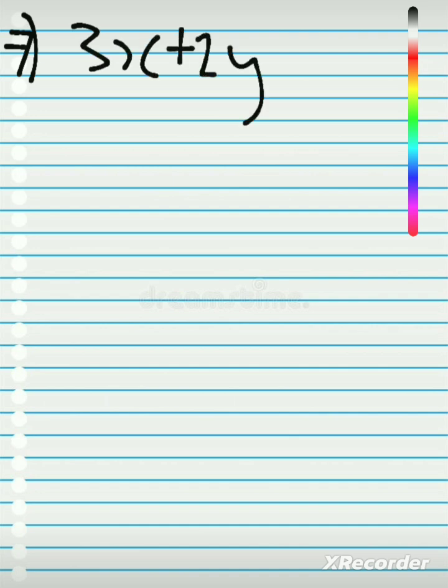We go to question 7. So question 7, we have of course the two lines N and M. N we have been given is 3x plus 2y equals 6.